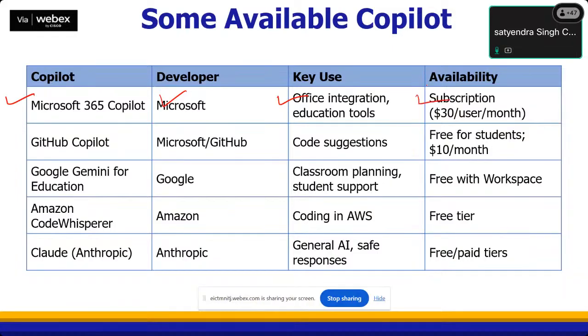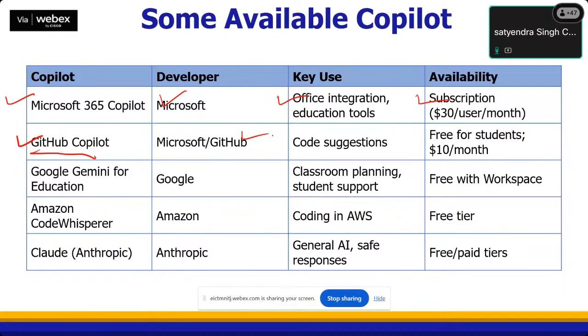However, if you are using a subscription of Word, Microsoft Office basically, you will see the Copilot which is there in your Word or PowerPoint. There is another popular Copilot called GitHub Copilot, which is developed by both Microsoft and GitHub.